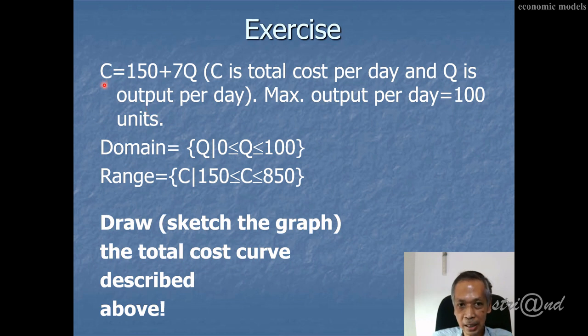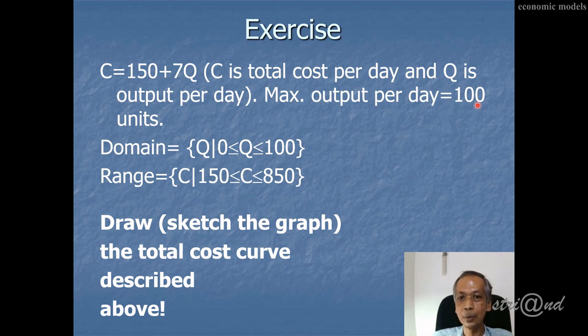The same equation here, C equals 150 plus 7Q. C is total cost per day and Q is output per day. And the maximum output that is determined by this exercise is 100 units. So the output cannot be any larger than 100 units.